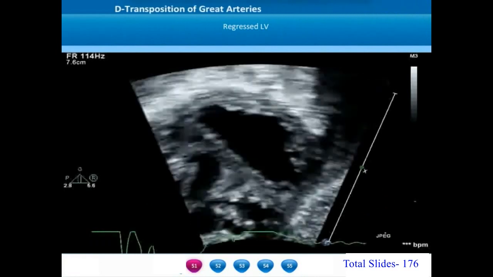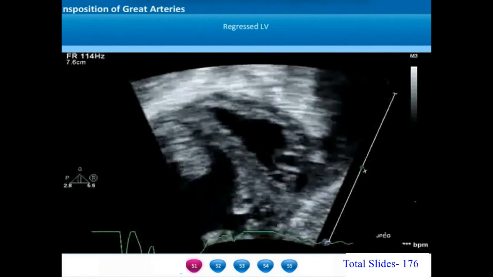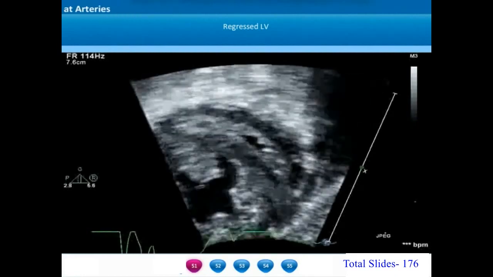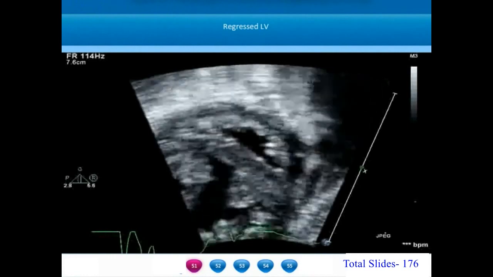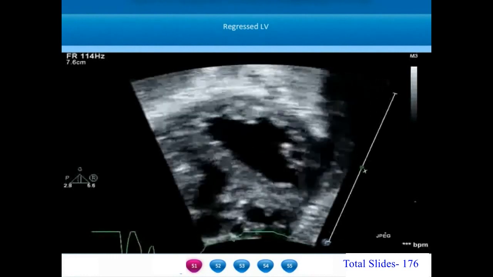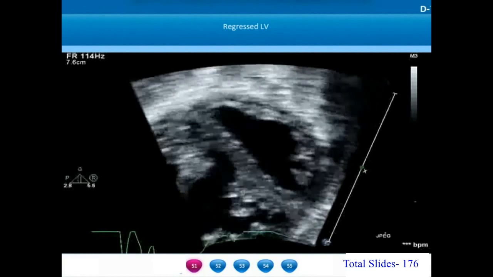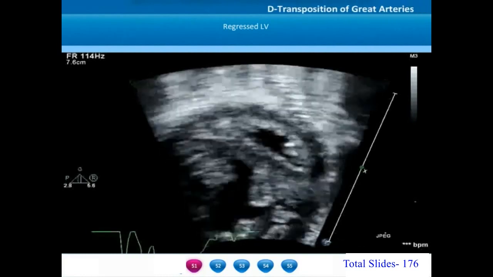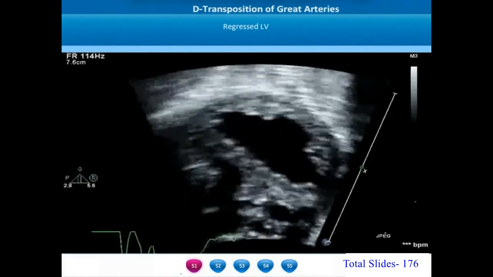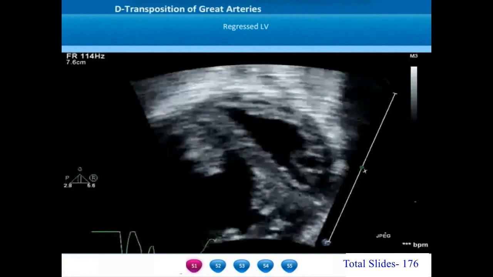In this example, even though the intraventricular septum is not significantly bowing into the left ventricle, we can notice that the left ventricular free wall thickness, especially in the end of diastole, is very small. We need to compare the left ventricular free wall thickness in end diastole against the right ventricular free wall thickness or the intraventricular septum.